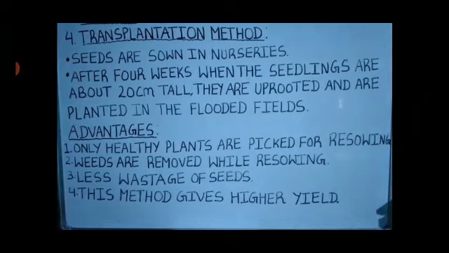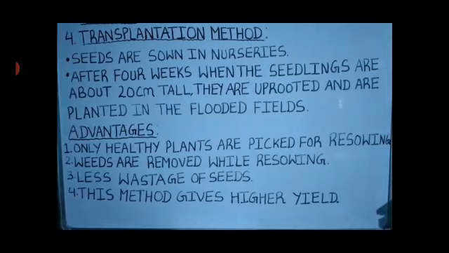After 4 weeks, when the seedlings are about 20 centimeters tall, they are uprooted and planted in the flooded field so that they can grow again. The last point to remember is that as this entire process is done by hand, a lot of manual labor is required.